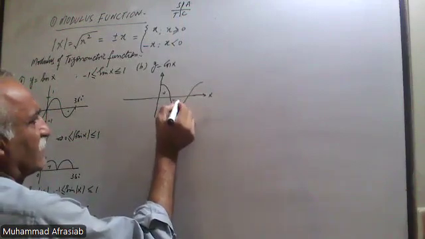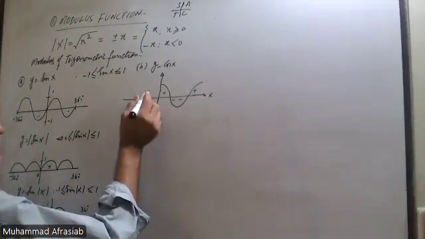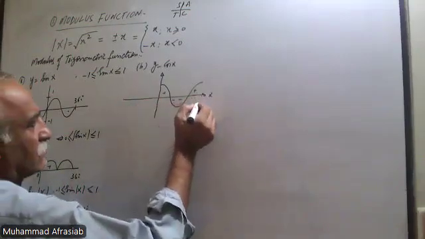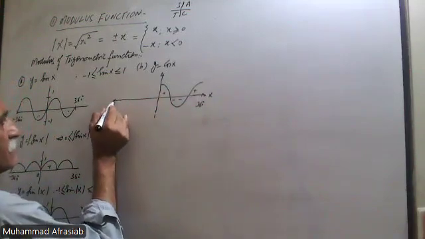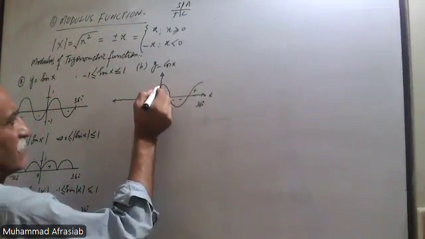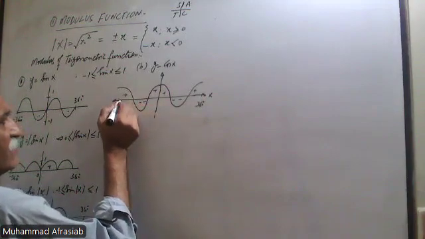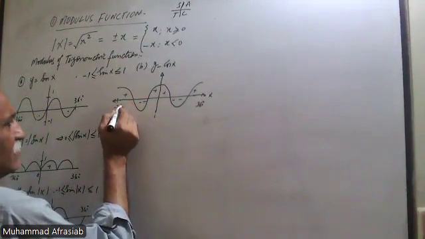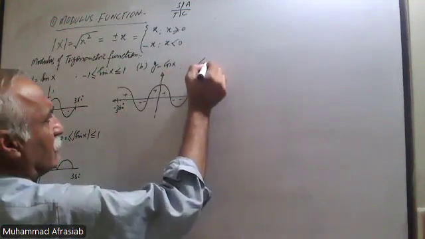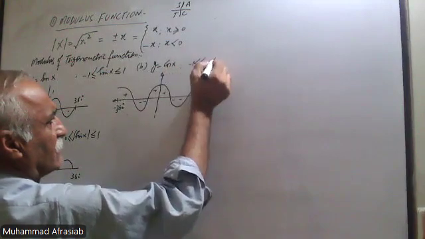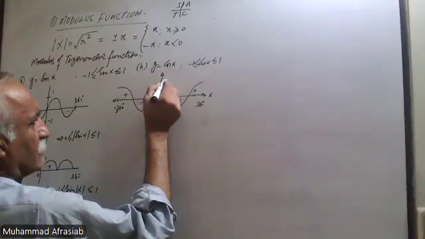So positive, negative, negative, positive. This is the graph of cos of x. And if we use minus 360 degrees, the graph will be the same, positive, negative, negative, and positive, up till 360 degrees. So the cos range is basically minus 1 till 1.